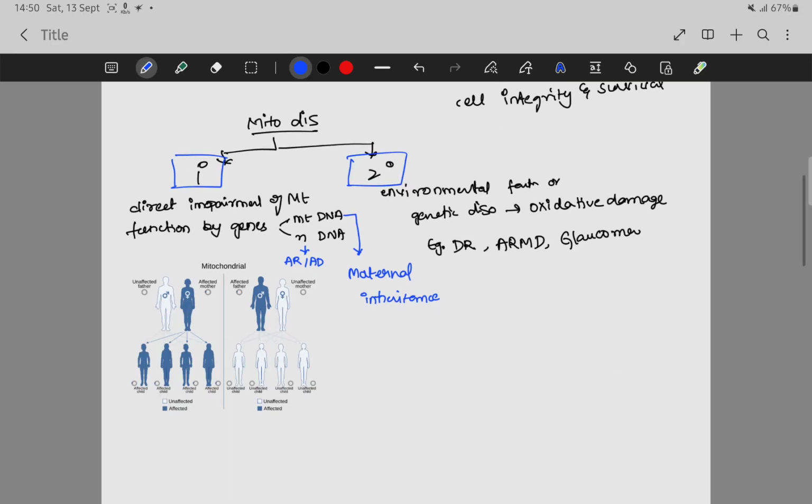So if the mother is affected, then all the children will be affected, whereas if the father is affected, it is not passed on to the children. This is the pattern of maternal inheritance.